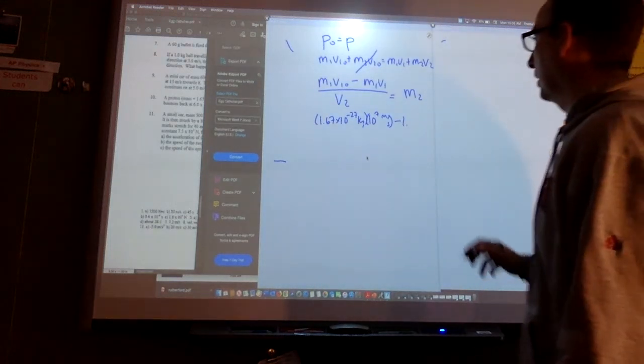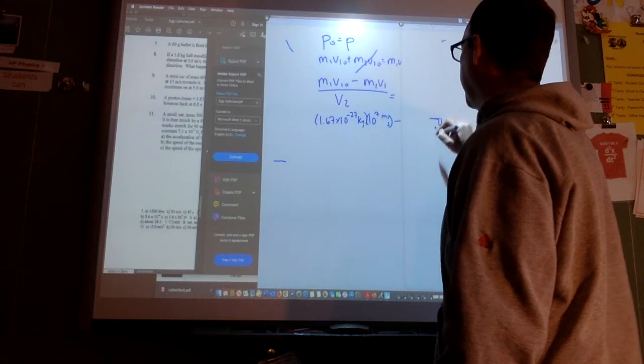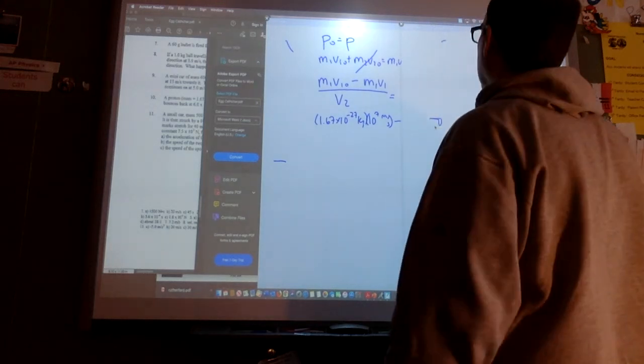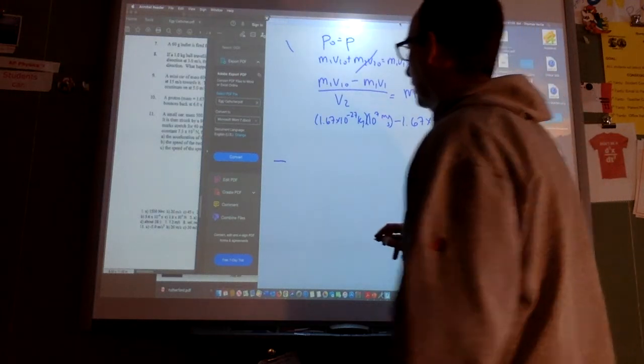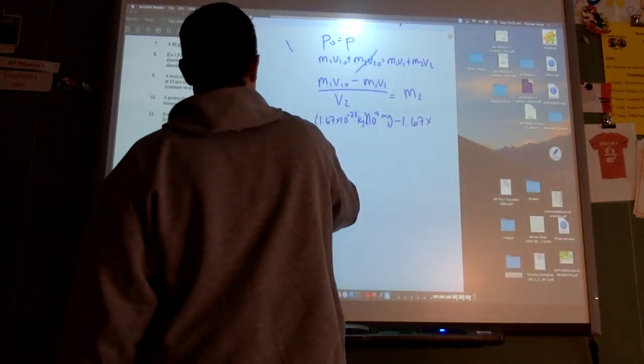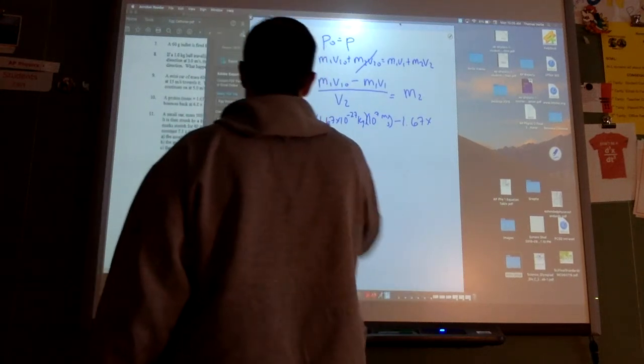That'll give us room. All right, so this can be minus 1.67 times 10 to the negative. What's that going to? All right, try it again. Oh, it's moving over a little bit. That's good.